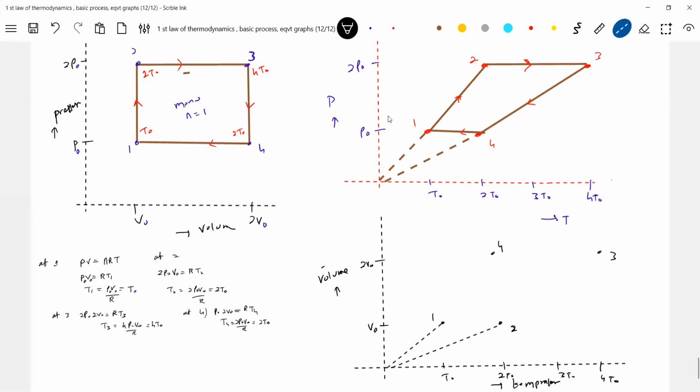Okay, I'll redraw it because we are not drawing up to scale, so it will be like this only. Okay, we'll reset it.